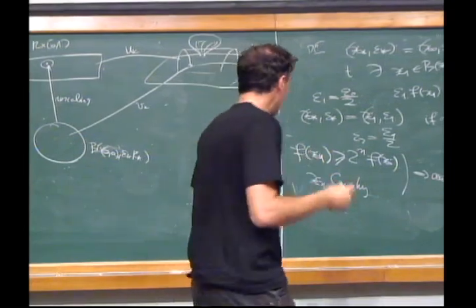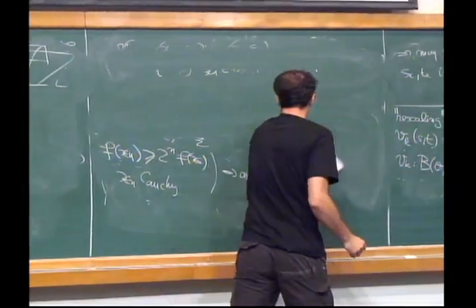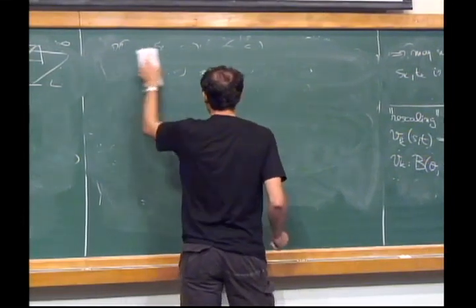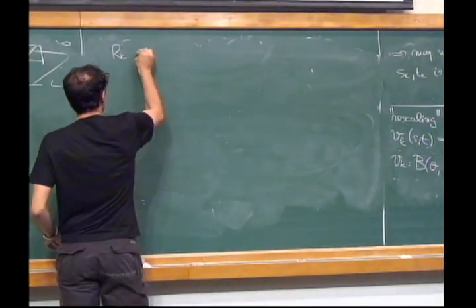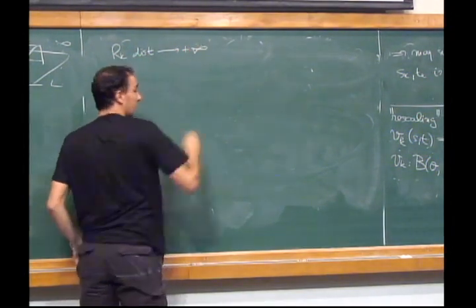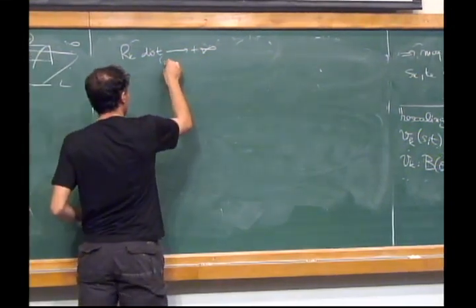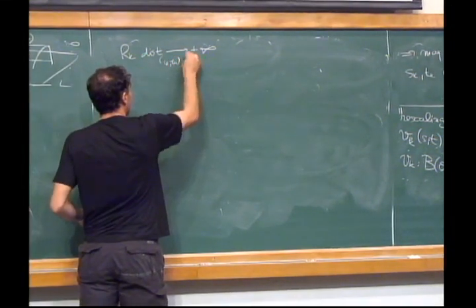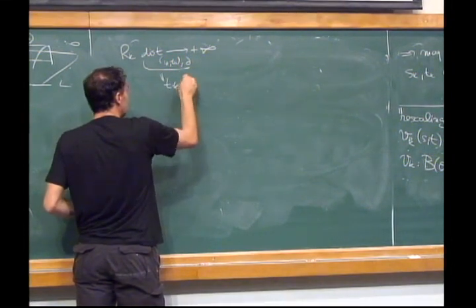Okay, so now let me remove this hypothesis. So this hypothesis was that RK times the distance goes to plus infinity. Okay? The distance from the point SK, TK to the boundary. Let me actually suppose that this distance is TK.